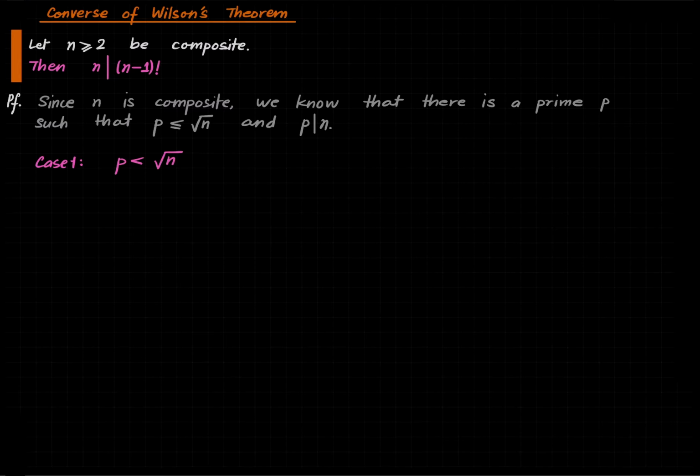In this case, note that n is p times n by p. That's how we will write it. Both are integers. p divides n, so this is also an integer. So we have just written n as the product of two integers. The point is, they are different. p and n by p are different, because if they were the same, if this was an equality, then this strictly less than wouldn't happen.